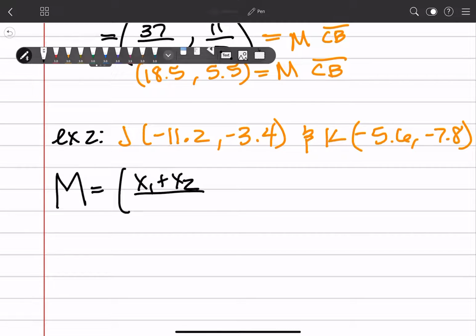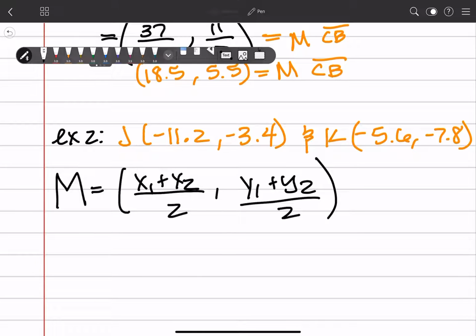It gives us a starting point. And then plug it in. This is going to be really helpful if they only give you the midpoint and one of the endpoints. Then you can work your way backwards, kind of like we did in the other notes.